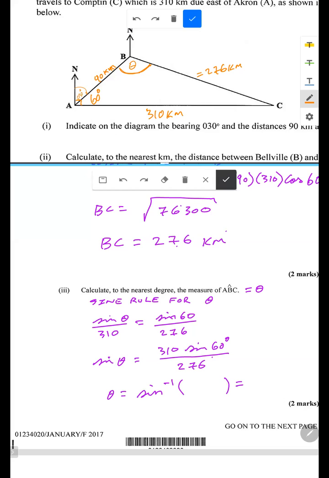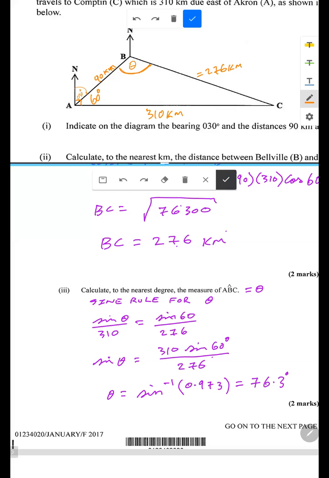And then you get 76.3. How much? 76.3? Yes, sir, 76.3 degrees. All right, so let's work out what that thing comes to. 310 times the sine of 60, which is 0.866, equals that, and then divide by 276 equals 0.973, and then sine to the minus 1 of the answer.